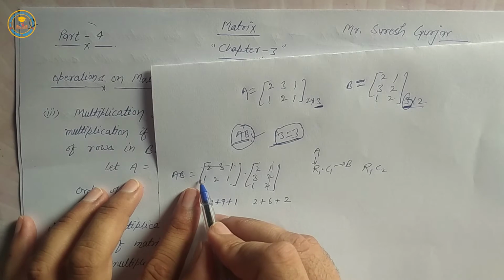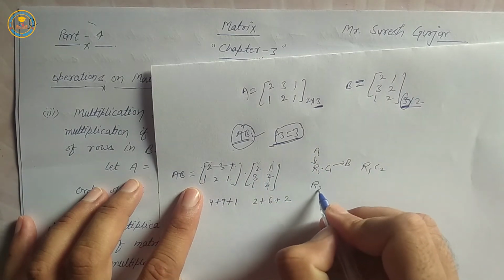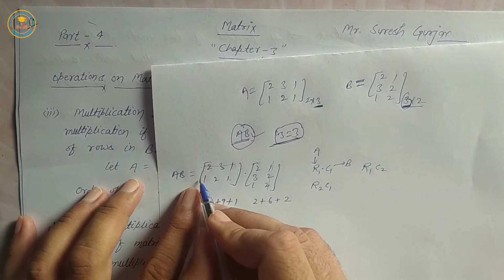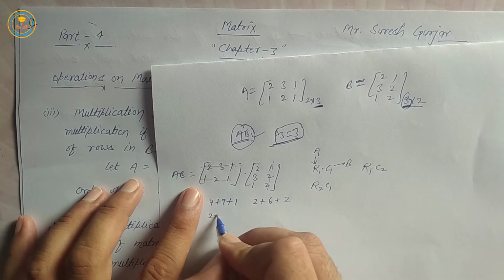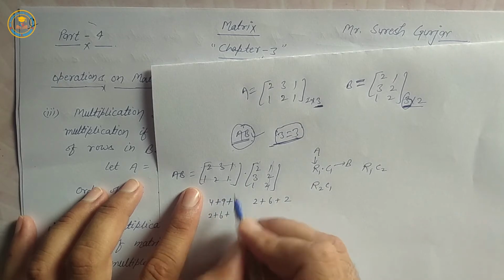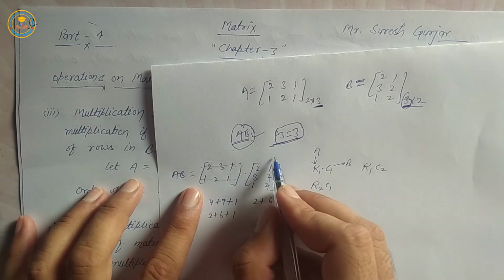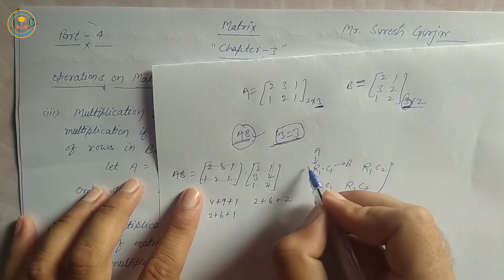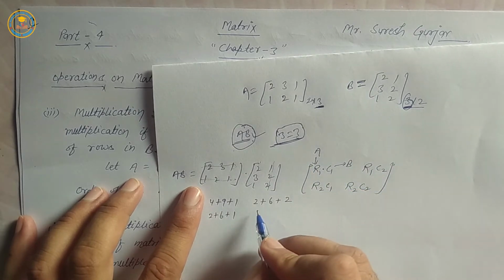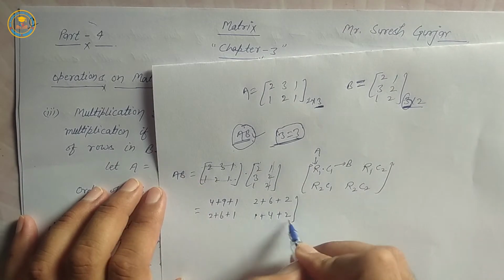Again, second row into first column, R2 into C1: 1 into 2, 2, plus 2 into 3, 6, plus 1 into 1, 1. Again, second row into second column, R2 into C2: 1 into 1, 1, plus 2 into 2, 4, plus 1 into 2, 2.